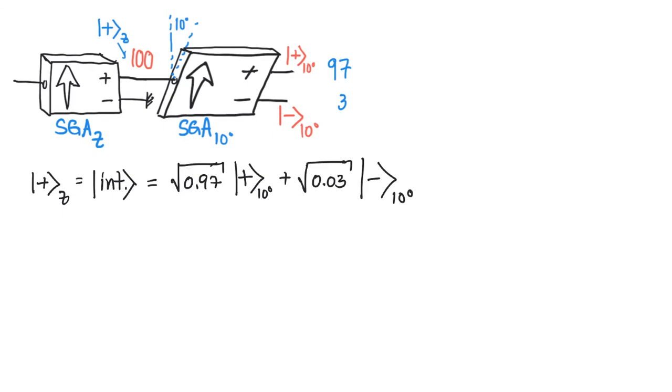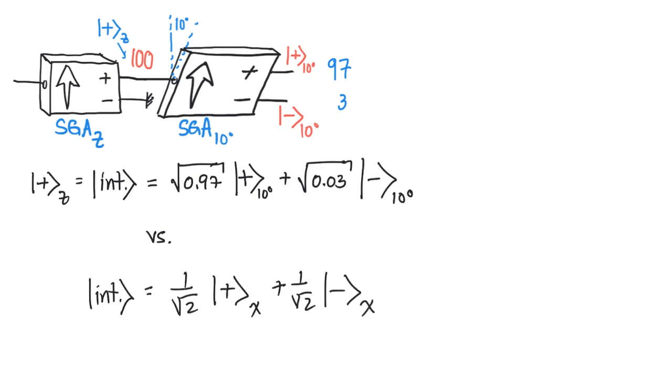Okay? And if we compare that with the following, the intermediate state is 1 over root 2 plus x and 1 over root 2 in the minus x direction. These two states are the same, right? Because they both describe an atom that has just exited the plus port of a Z analyzer.